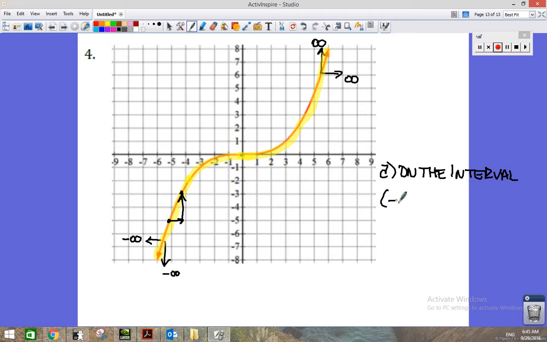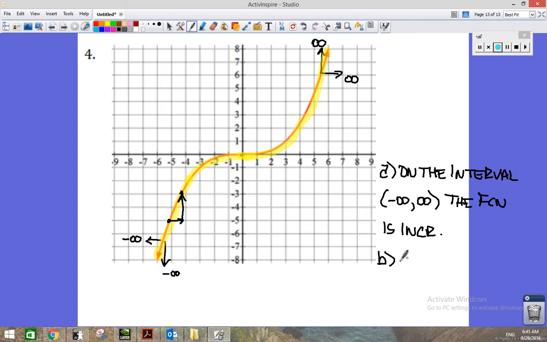So in A, on the interval from -infinity to positive infinity, which is the interval of real numbers, the function is increasing. And we even call this an increasing function because it's increasing everywhere over its domain.